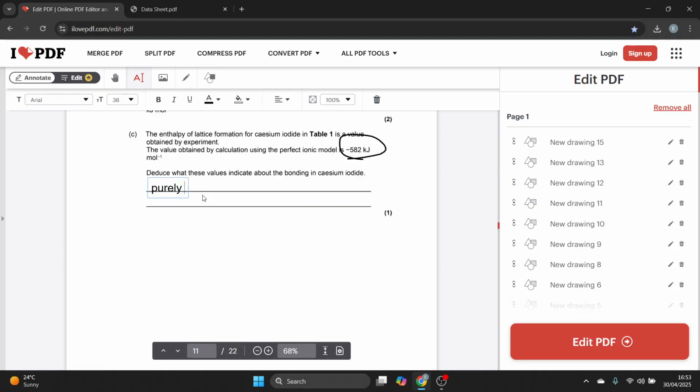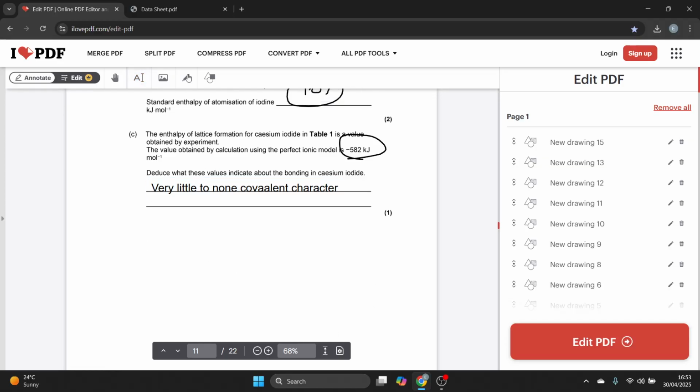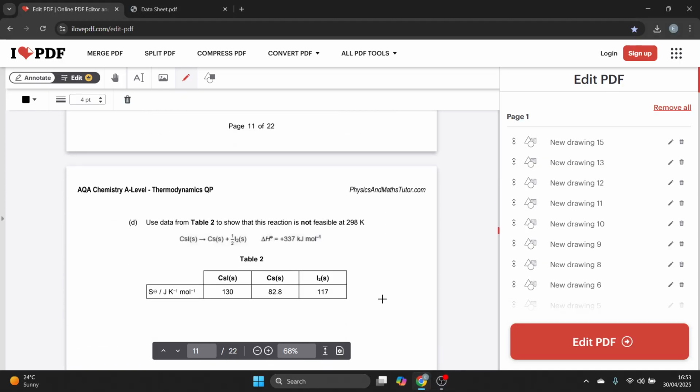You could say purely ionic, or you could just say very little to non-covalent character. And I'm going to use that one because purely ionic, yeah, but covalent character is a thing you can always use for these kinds of questions. So let's just stick with that kind of theme.